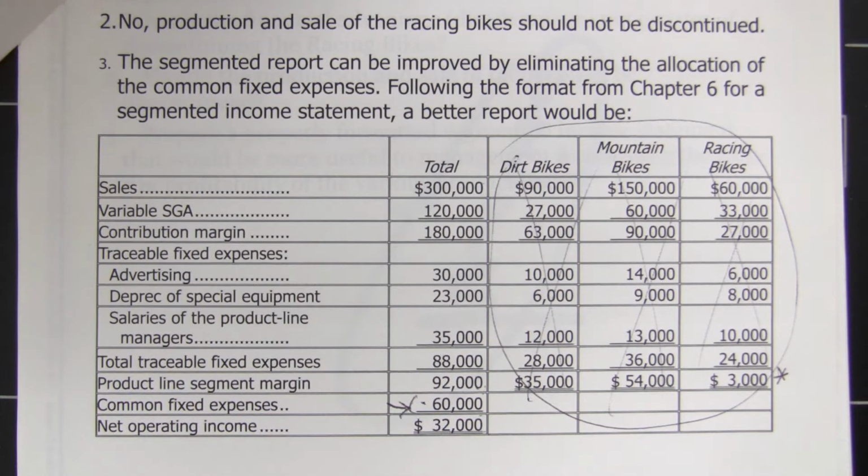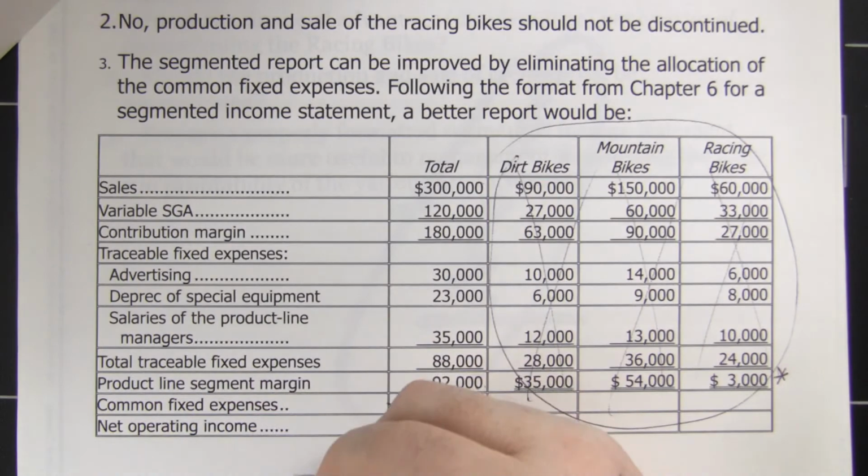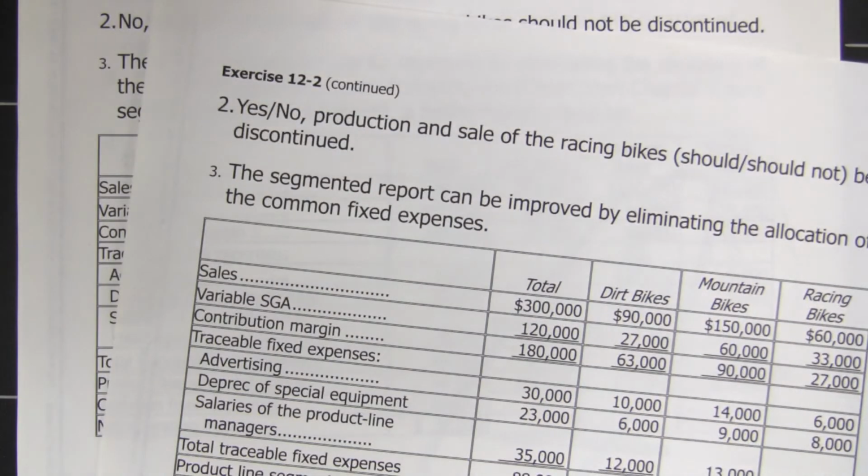So a more useful way would be to give the segmented report, keeping the common fixed costs separate. And the moral of this story is, when in doubt, do not allocate.